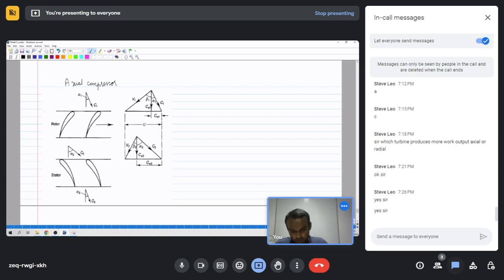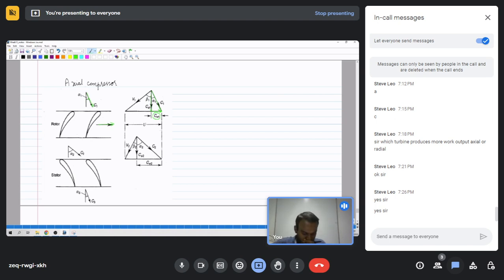So axially, here again at the inlet there is a velocity component C1, which comes at an angle alpha 1 when compared to the axial axis, and these are the rotors which are moving towards the right at velocity U. Now this C1, when put in the velocity triangle, will have an axial component CA1, and there is a whirl component, that is called the whirl component CW1.